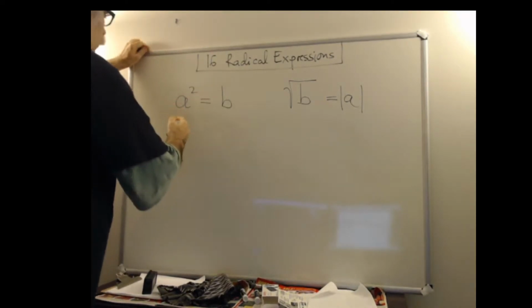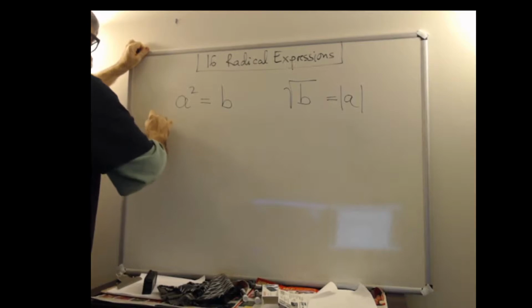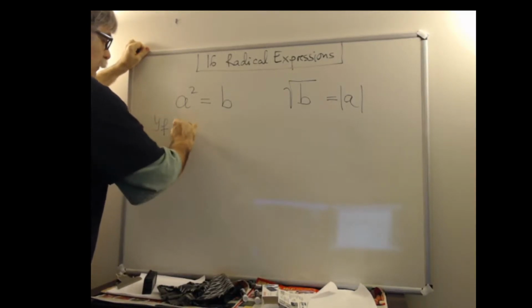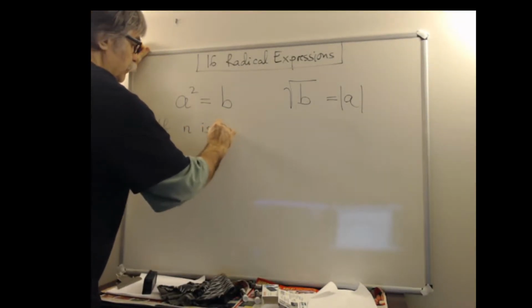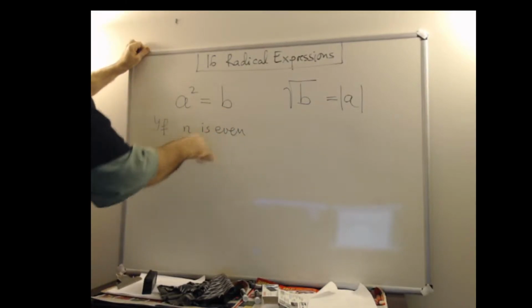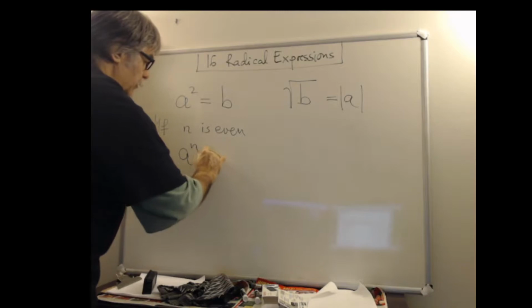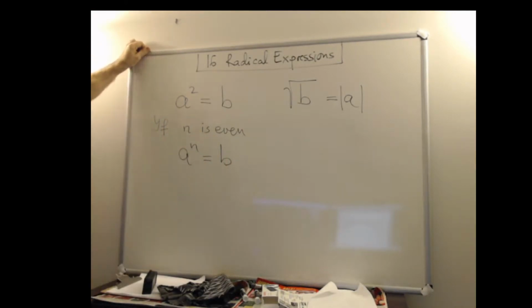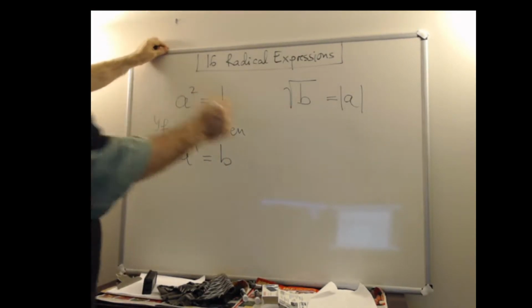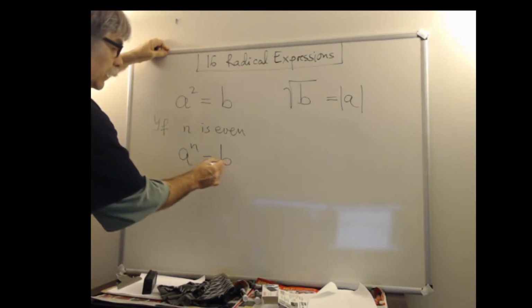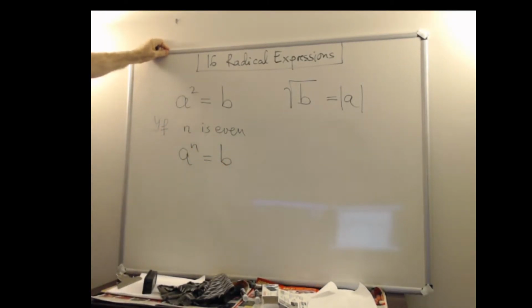So if n is even, I can make a power and get something new. But when I reverse that, I already know that b is going to be non-negative.